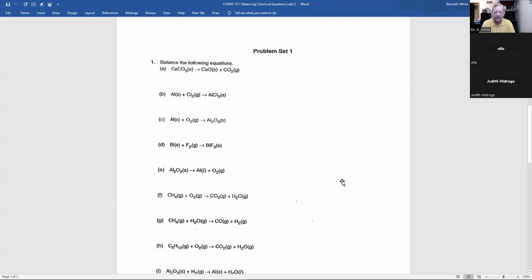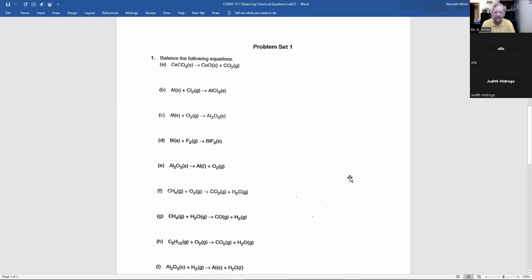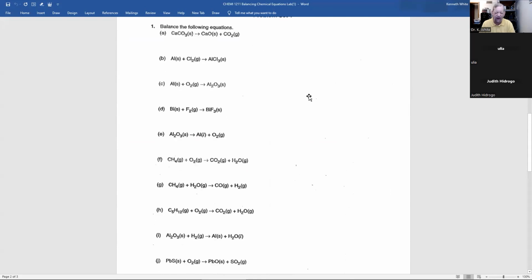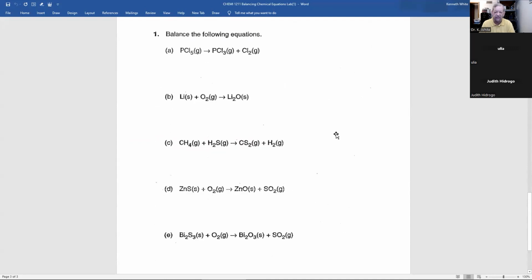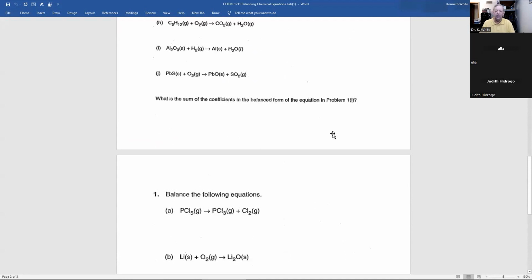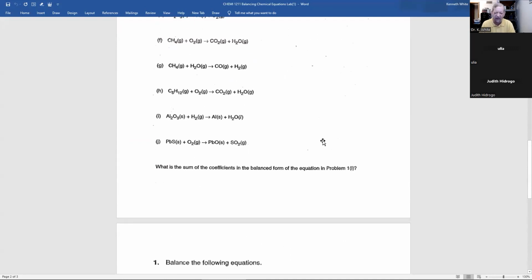What you'll be doing for today's lab is problem set 1. And then the second page, you will also be balancing the chemical equations. Now, let me point out one thing that is sort of hidden.